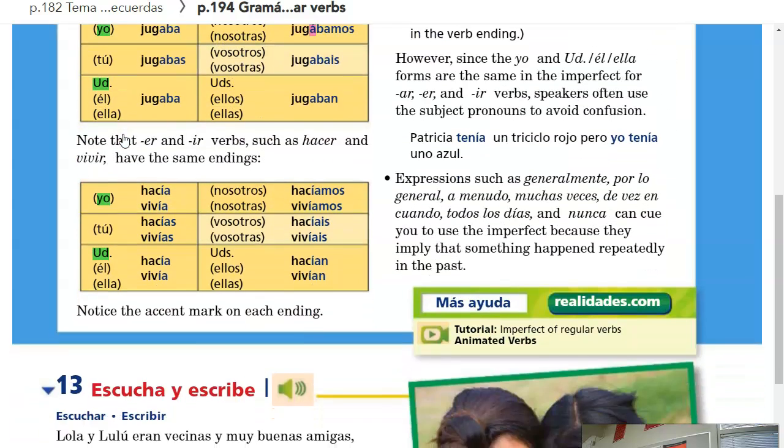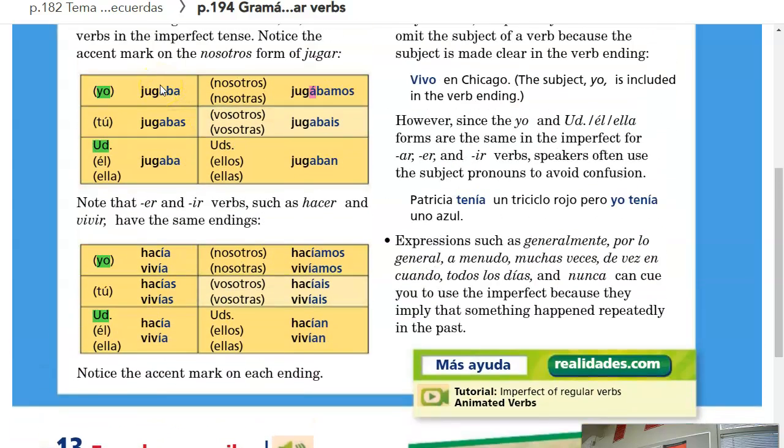So these are your endings for AR verbs: aba, abas, aba, ábamos, and aban. And then ER and IR verbs share the same endings, and those are ía, ías, ía, íamos, and ían.